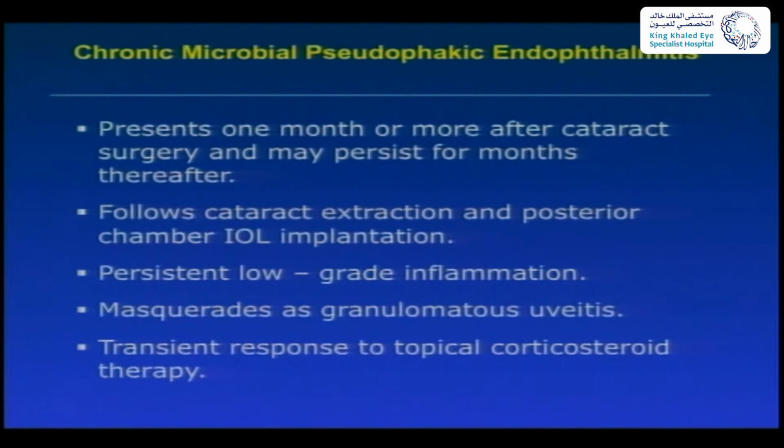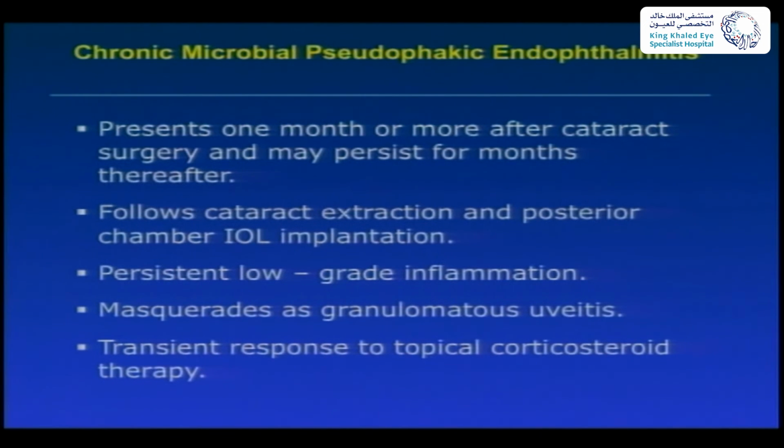Now we'll move to another type of post-cataract endophthalmitis that unfortunately is not recognized by many colleagues and is frequently missed, which is the chronic microbial pseudophakic endophthalmitis. So what is peculiar about this type of endophthalmitis?